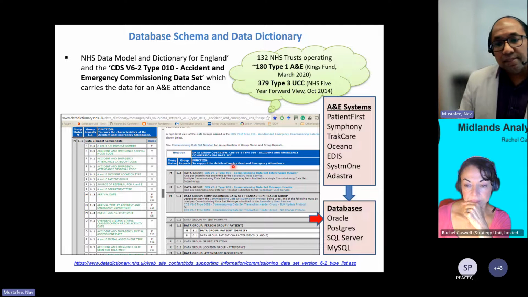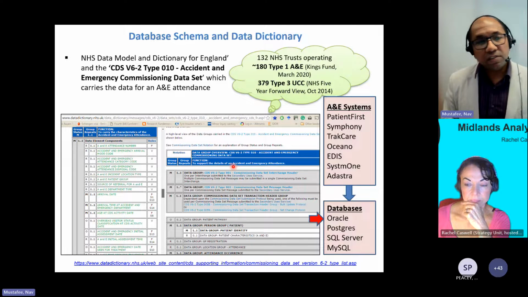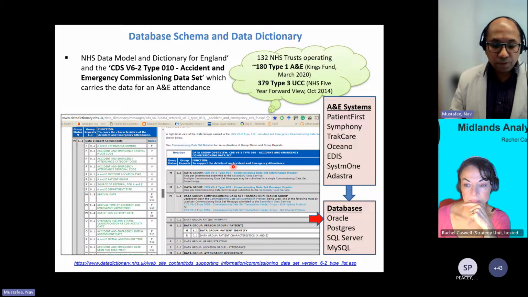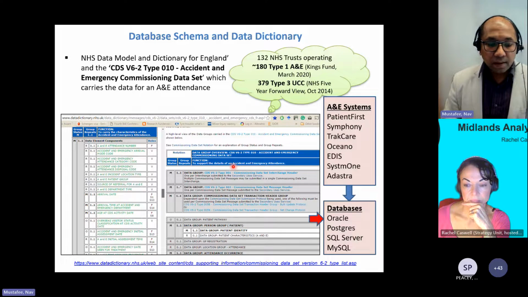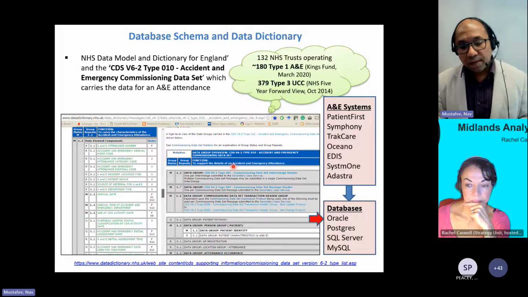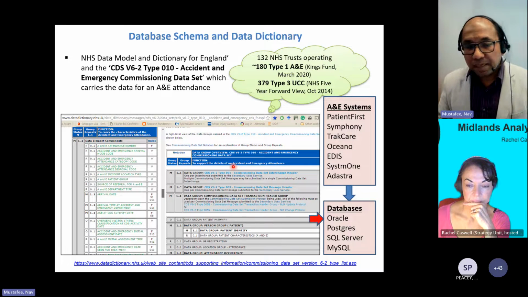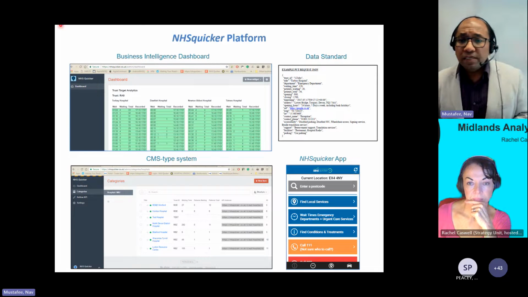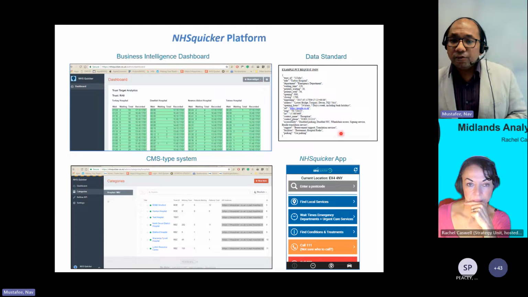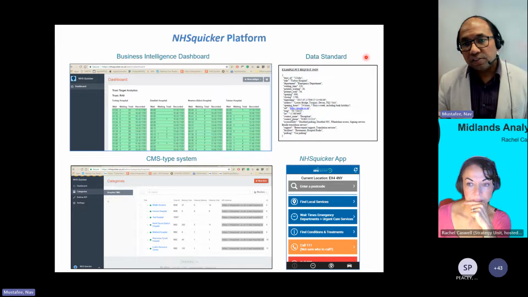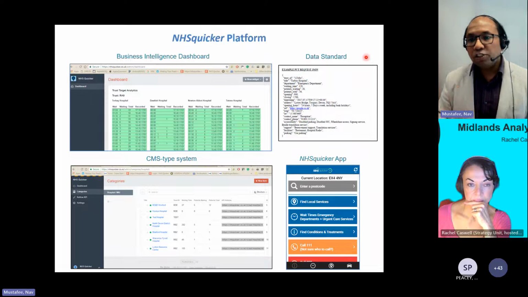This told us that if we have a solution and some APIs, the application programming interface, then we need to develop some fields which are captured by everybody, and that becomes a standard. So we developed the NHSquicker standard for data, which is the format that different trusts use, whoever wants to join the network, to push data to us.